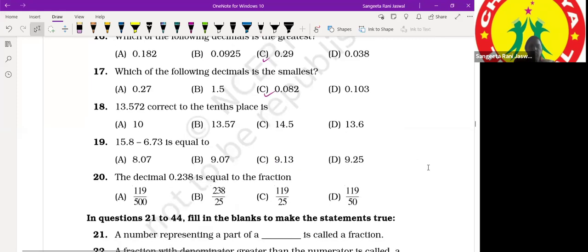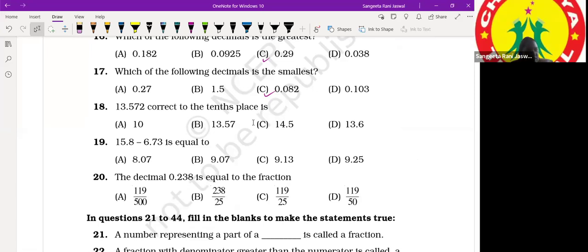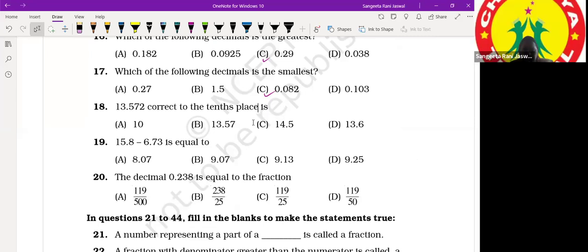Okay, next one. 13.572 correct to tens place is how much? Ma'am, what does this mean, correct to tens? Now see, this is the tens place, where the 7 is.